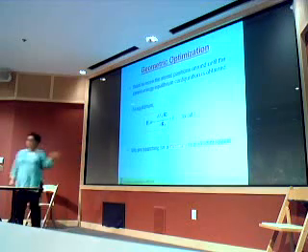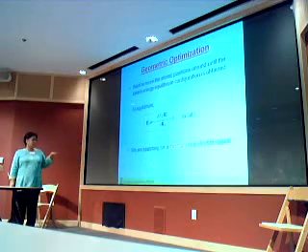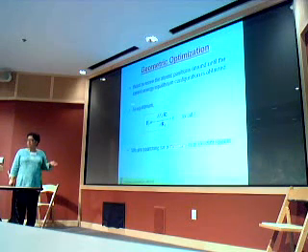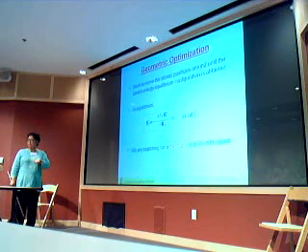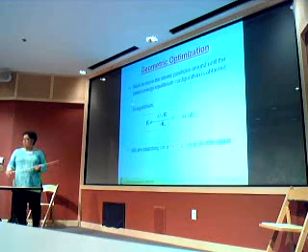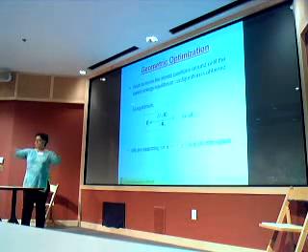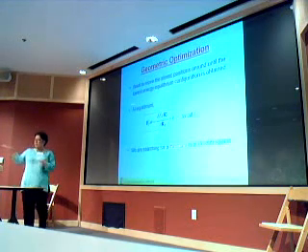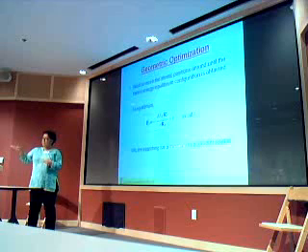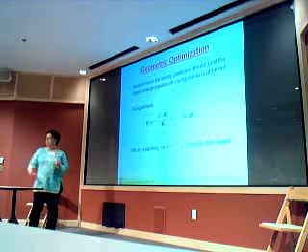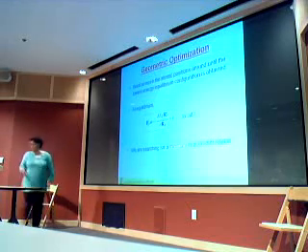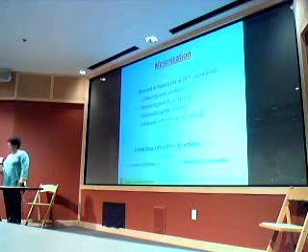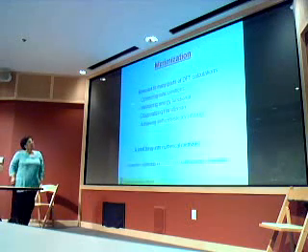And looking for such a configuration is equivalent to searching for a minimum in your 3N dimensional space, where N is the number of ions that you have. So we have some energy landscape, this 3N dimensional energy landscape, and we're looking for the minimum in this landscape.